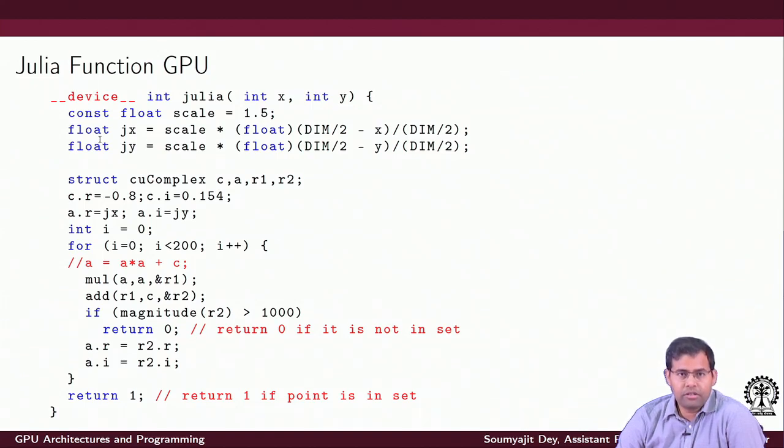As you can see, you first compute the positions with respect to the shift of origin and scale, with respect to Jx and Jy, and then you use those values to initialize a complex data type a. You make your simple choice of the complex constant c with both imaginary and real parts.